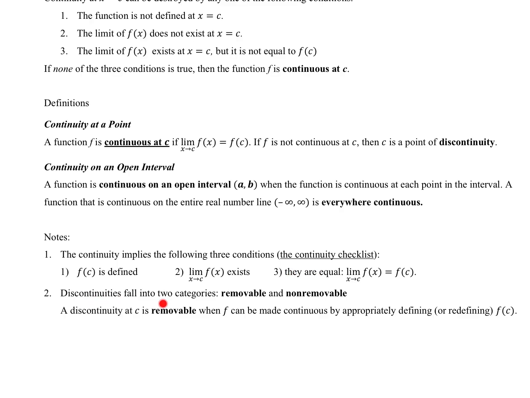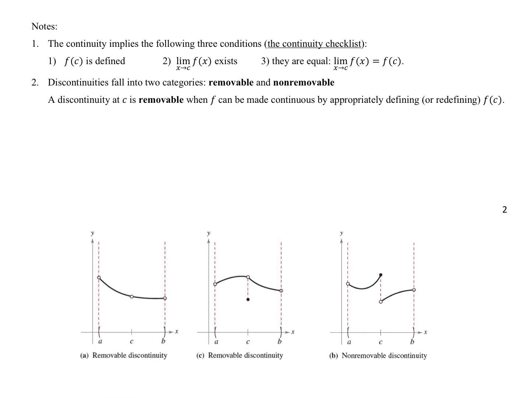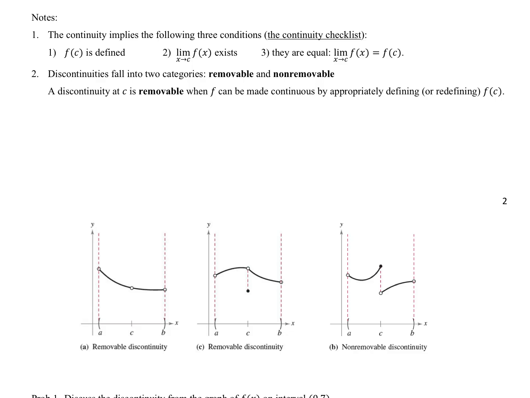Discontinuities fall into the following two categories. One is removable, the other one is non-removable. When we say a discontinuity at C is removable, that means f can be made continuous by appropriately defining f of C, or redefining f of C if f of C has been defined already. For instance, let's look at the graphs that we have seen earlier. This first one is a removable discontinuity because we can define f of C to be this value.